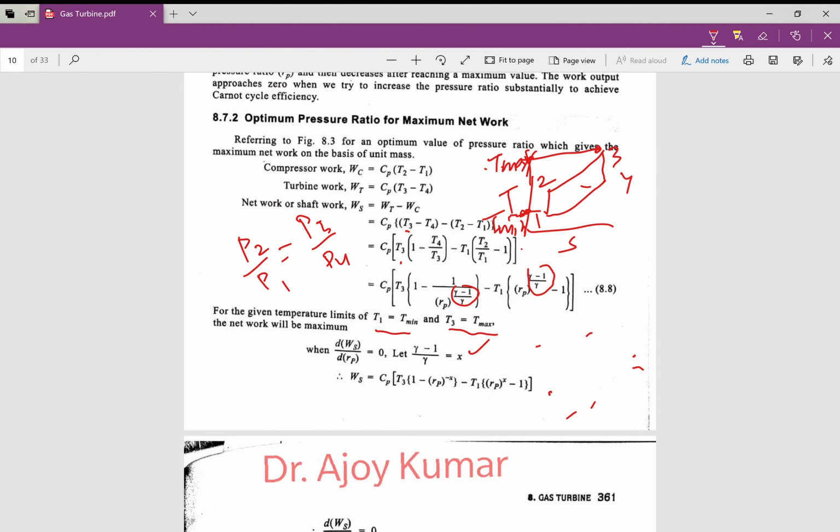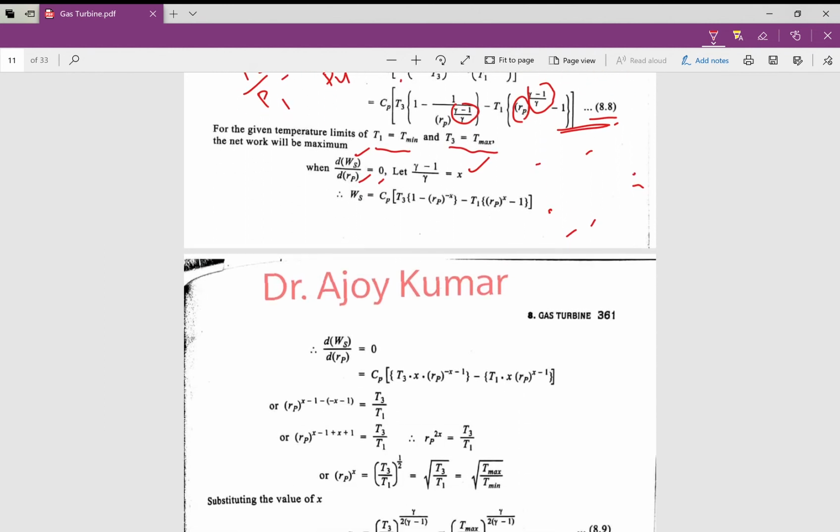Now dear students, in this whole equation only the pressure ratio Rp is variable, and we should differentiate this shaft work with respect to pressure ratio and equate to 0, and then we can get the condition for maximum efficiency. So here we are differentiating this equation by considering gamma minus 1 upon gamma equal to x.